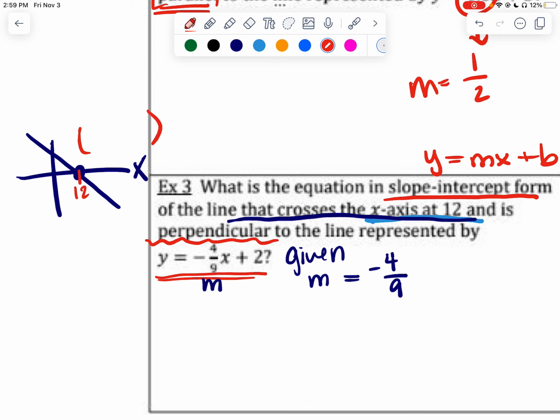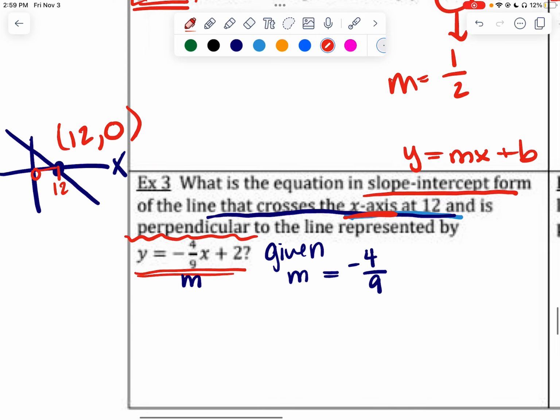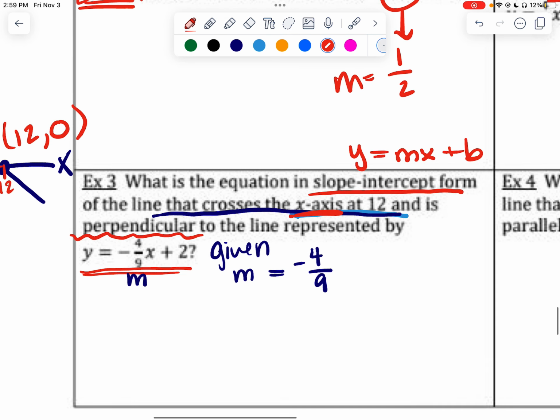So that means that there's a point on that line where my x is 12, and anytime I'm on the x-axis, my y is just going to be 0. So 12, 0. So there's my given point. Actually have to use a little bit of logic here.